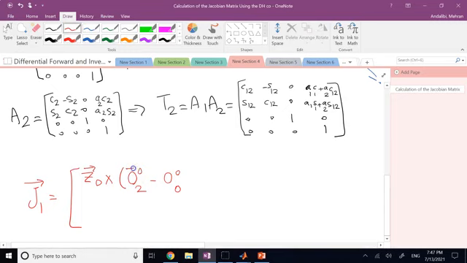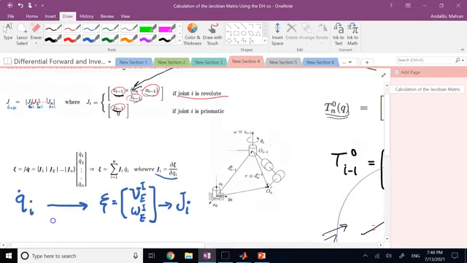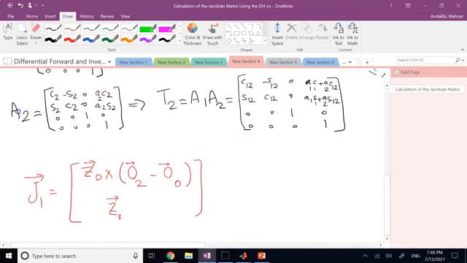And this is, of course, Z0 in 0. Everything here is with respect to 0. Or if you want, you can get rid of all of these extra zeros, because we know the reference for everything is the base.